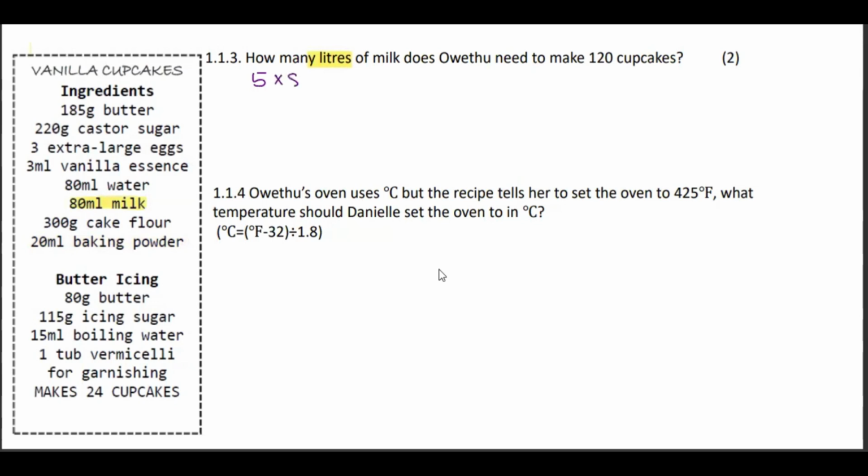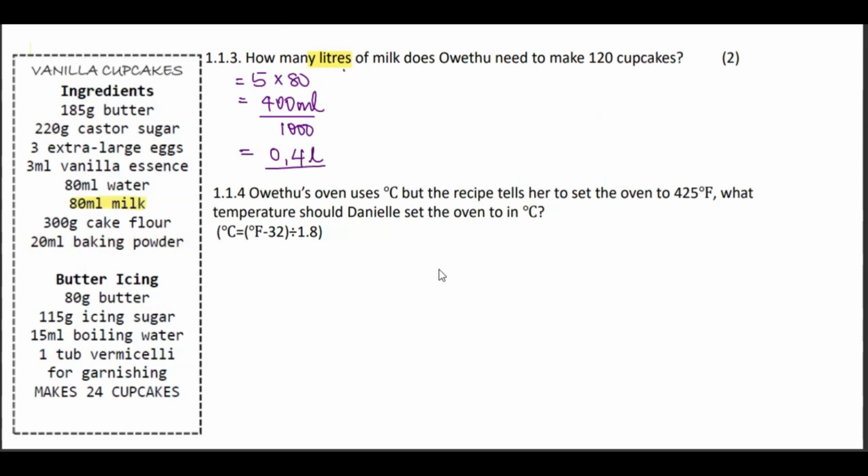So 5 times 80, we end up having 400. These are mils. We need liters, so we divide by 1,000. So the liters are 0.4 liters.